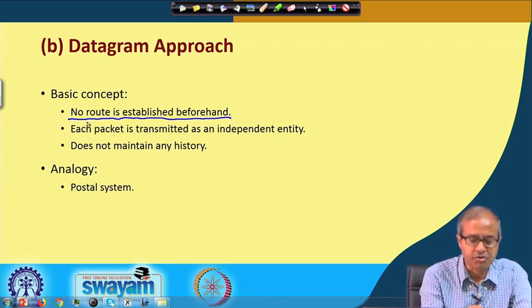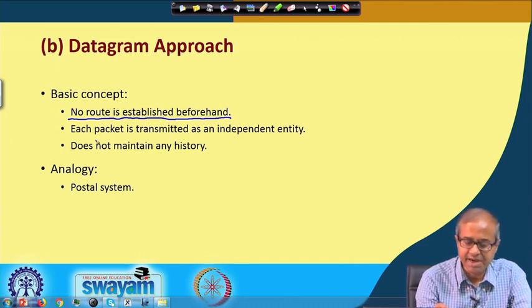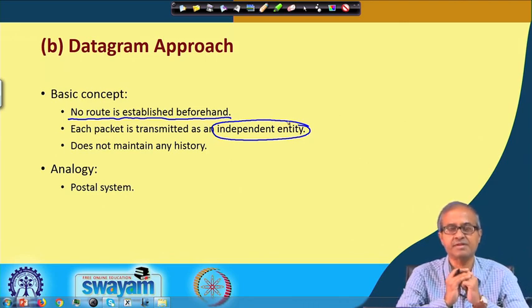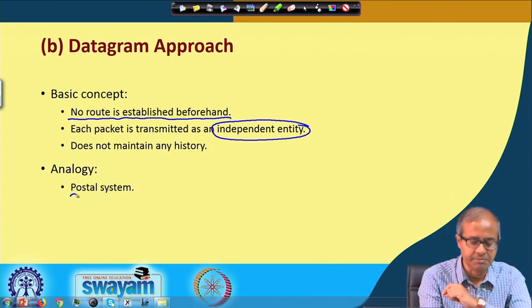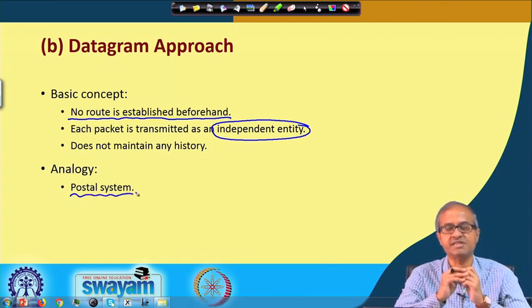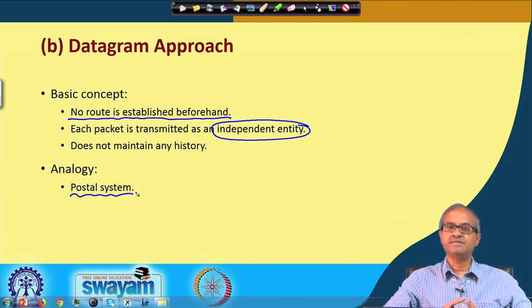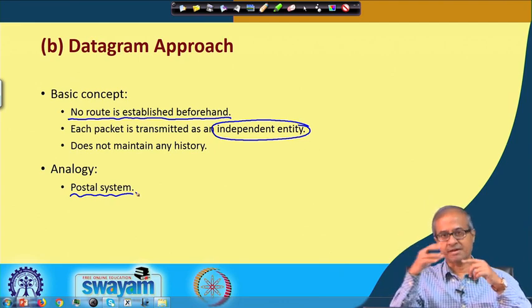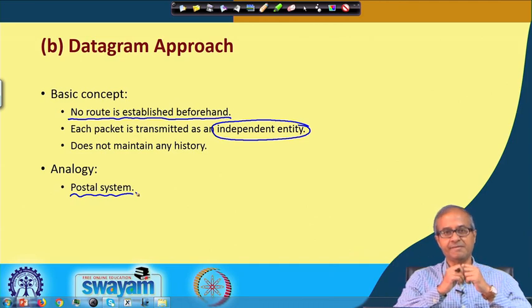Now, here because there is no route established, each packet is transmitted as an independent entity. Think of a postal system as an analogy. When you drop a letter in a letter box, each letter is dispatched as an independent entity.